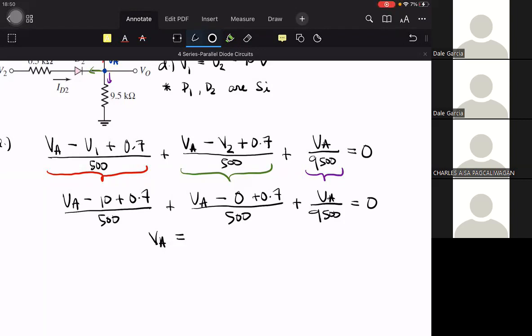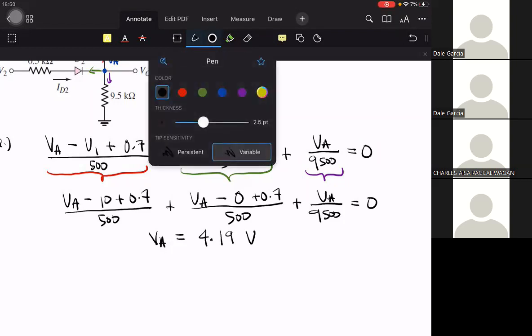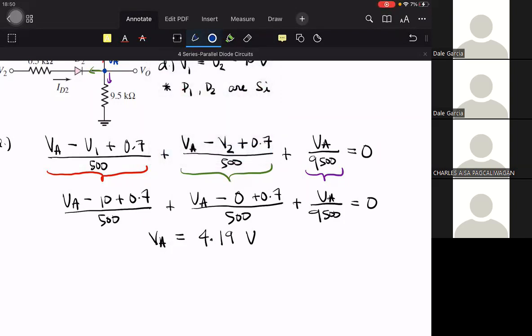If i-shift solve, VA is 4.19 volts. Okay. 4.19 volts.